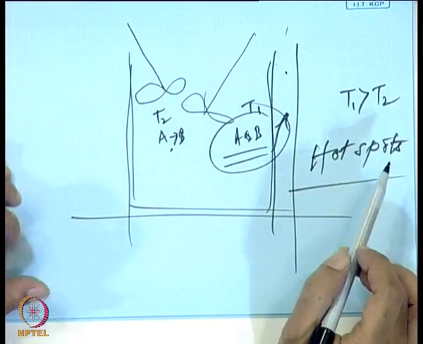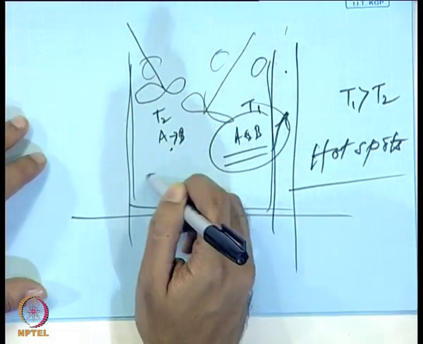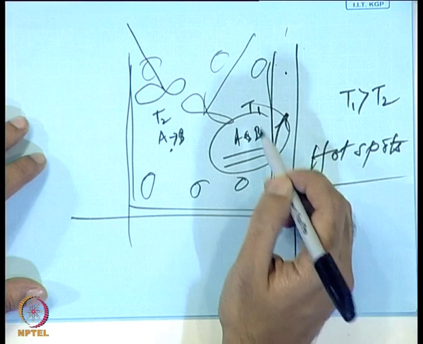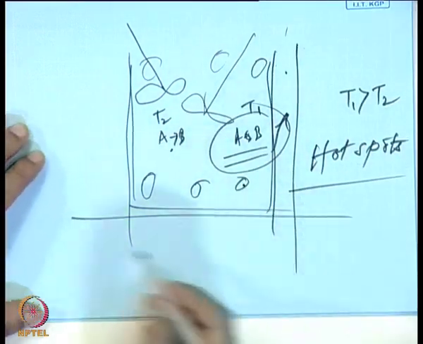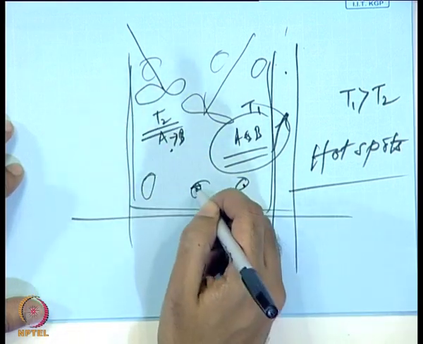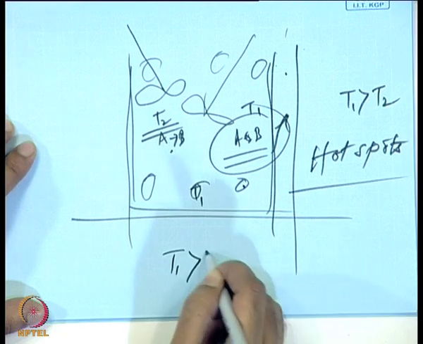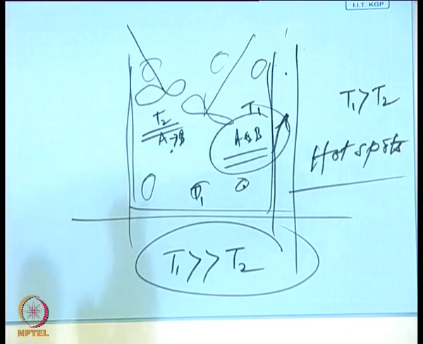So, when these hot spots blow up, that is, you have hot spots in different parts, okay, and the temperatures in these hot spots become much greater. So, if the average temperature elsewhere is T2 and T1 is the temperature in the hot spot, then if T1 is much greater than T2, when this happens, the reactor blows up.